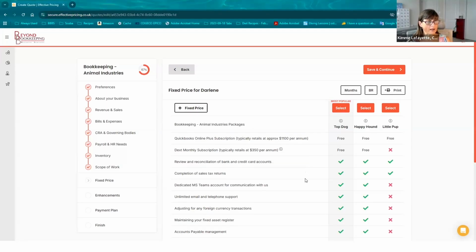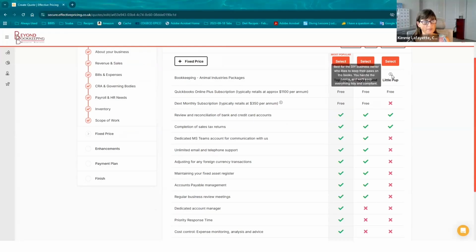And then all three packages include reviewing and reconciling your bank and credit card accounts and completing your sales tax returns so that you're compliant with the government. Let me just explain actually the difference between the packages.